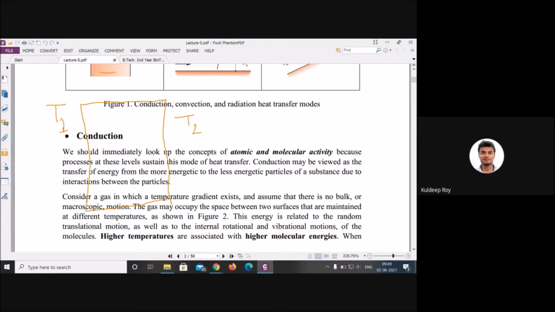Here the temperature is very high, T1 is much higher than T2. Now how will the heat transfer occur? You are claiming that heat will flow in this direction, but how will the temperature gradient and the profile come?